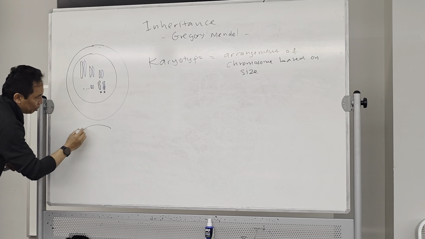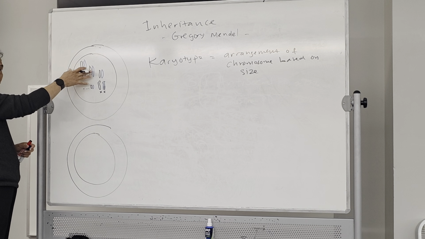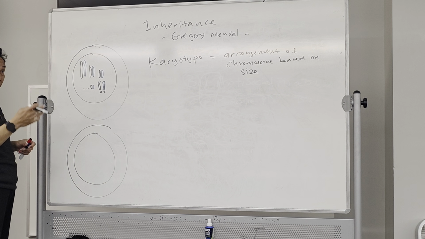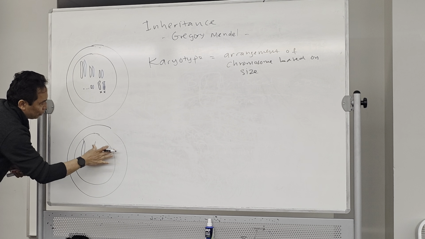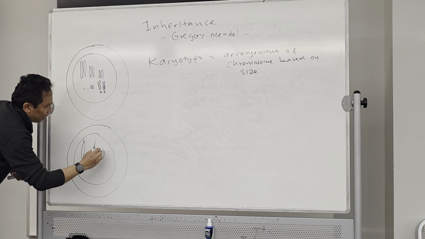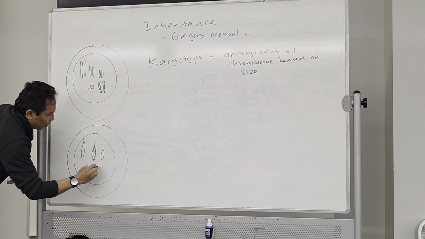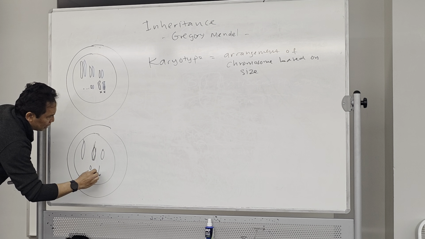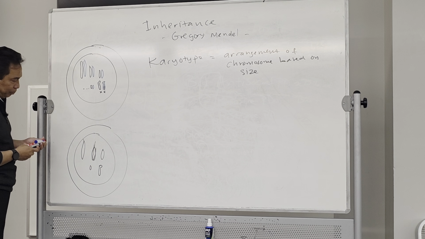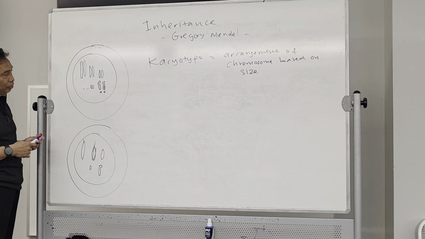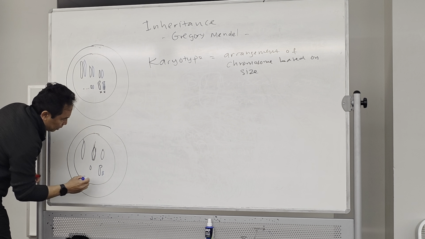Now if it is male, pair number 1 until 22 will be the same size. So number 1, 2, 3. Let's say this is 22, and one will be bigger, and the other one will be smaller.